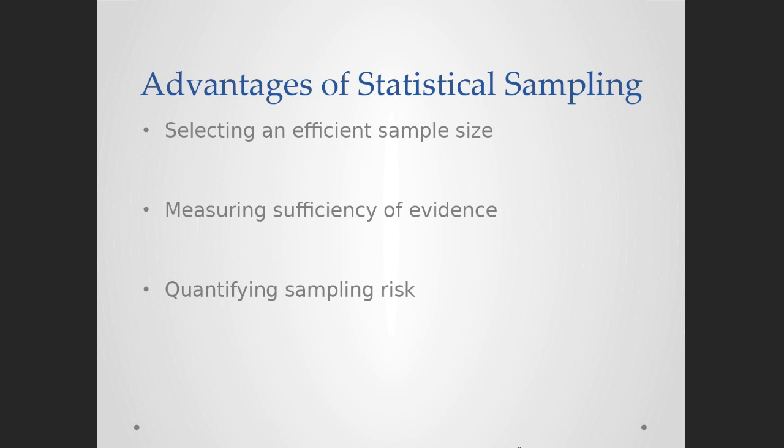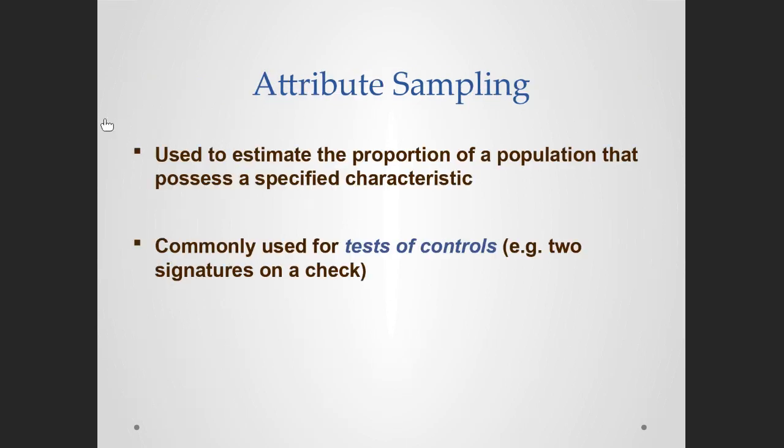Okay. Now, in the next few minutes, we're going to introduce ourselves to the three different methods: attribute sampling, monetary unit sampling, and classical variable sampling. Attribute sampling: the word attribute means quality, or sifa, of anything.